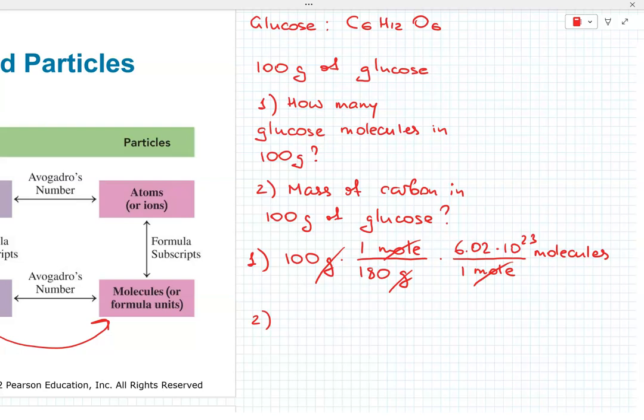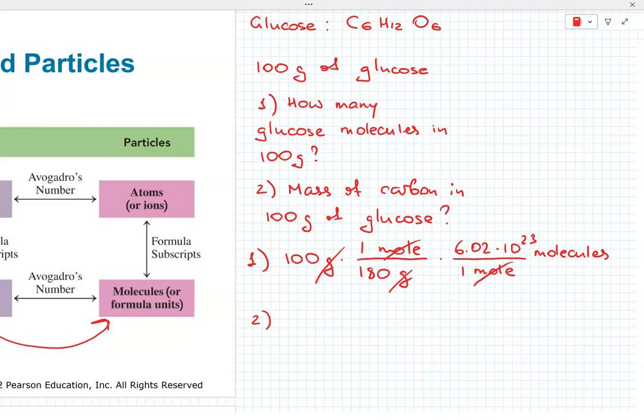1 molecule of glucose contains how many carbons? 1 mole of glucose contains how many carbons? Moles. 6 moles, right? 6 moles of carbons. Good?